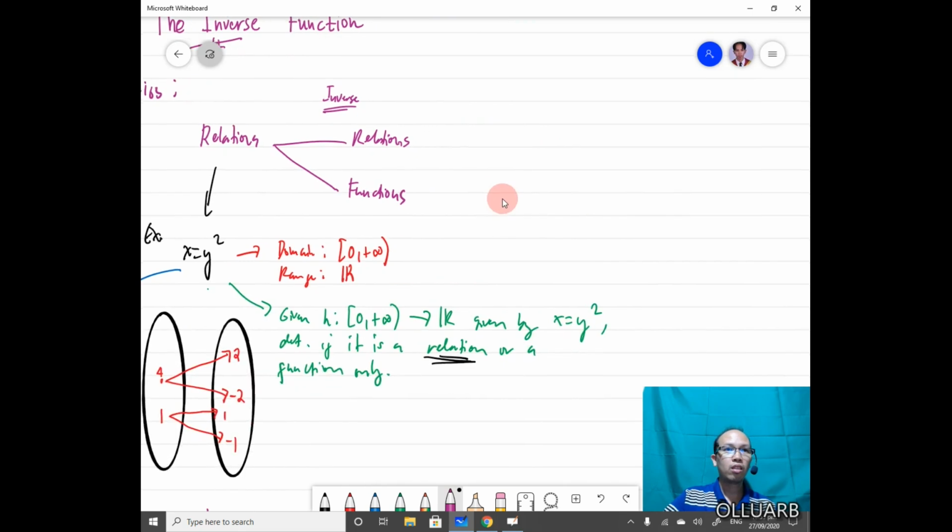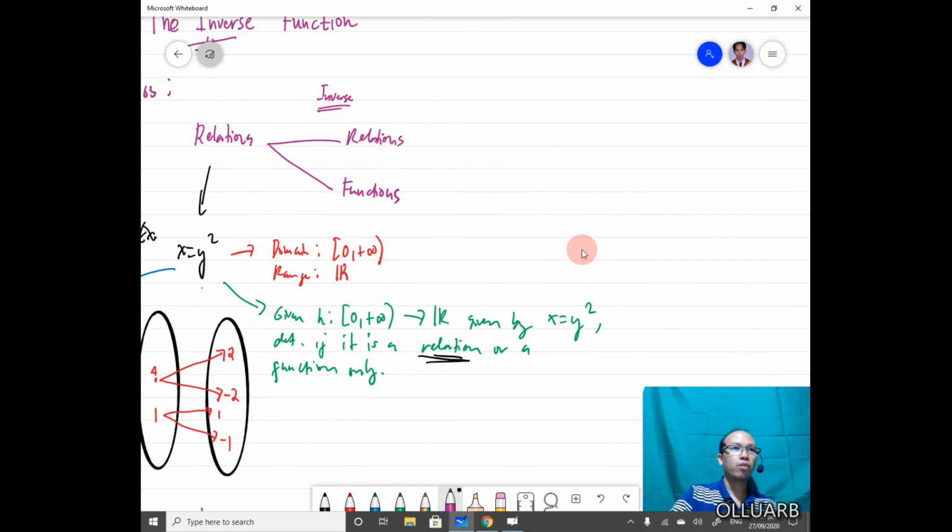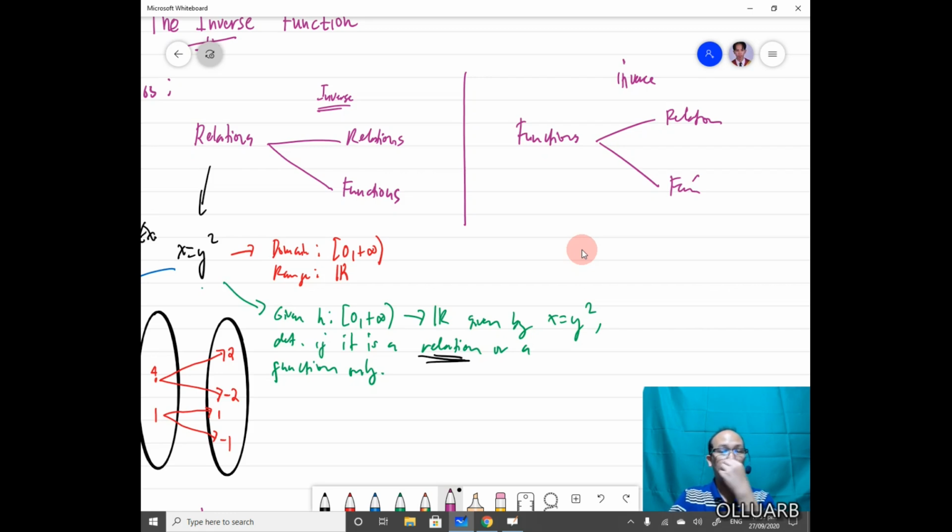The same is true for a function. For a given function, if you get the inverse, it will also become a relation and it may become also a function. That would be very easy if you have to switch the coordinates if you define the functions using ordered pairs.